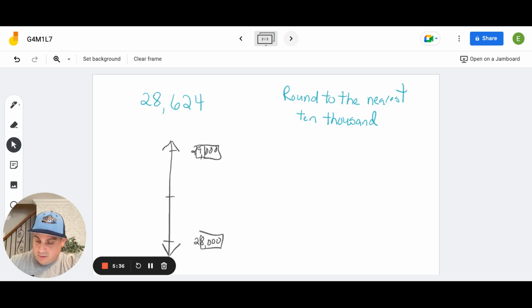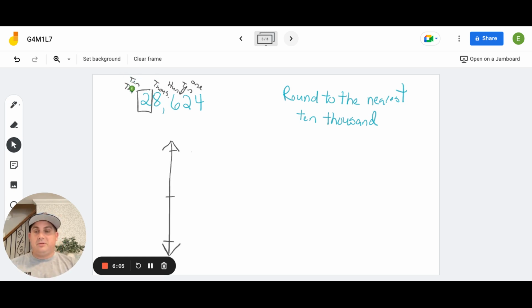So how do I round to the nearest 10,000? I go in and see which digit is in my 10,000s place, and that's the 2. Okay, and this is where you have to know your place value. I know I have my 1s, my 10s, my 100s, that's my 1,000s, and this is my 10,000s. So you have to know your place values too.